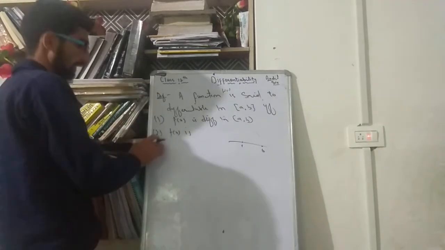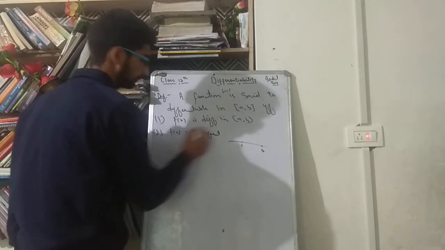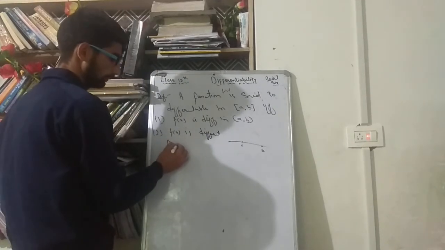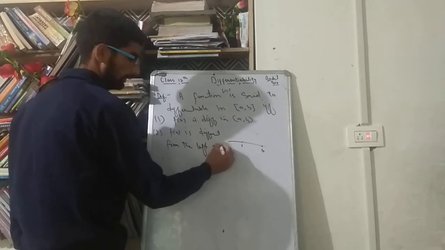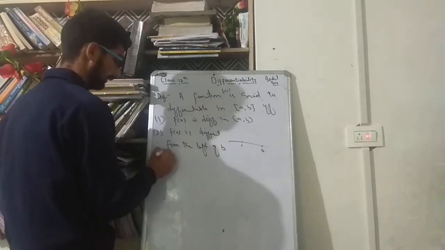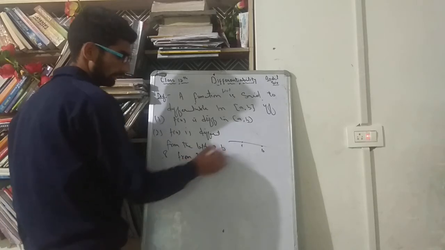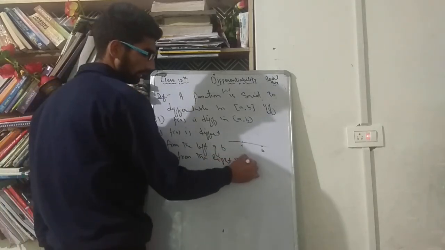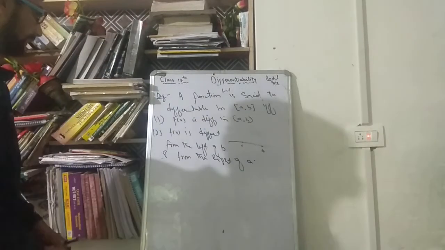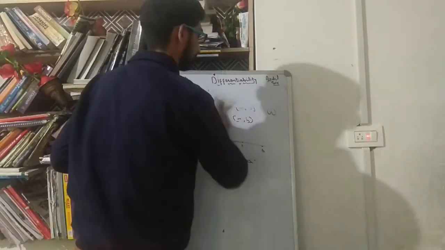So the second one is f(x) is differentiable from the left of this b and from the right of a. So this is another definition. Now you go for one more definition.